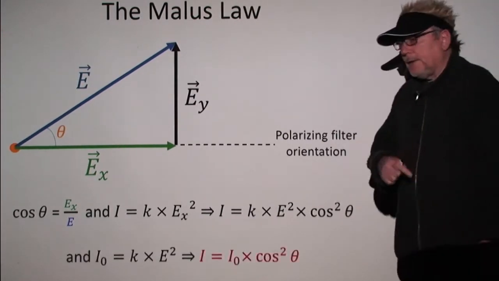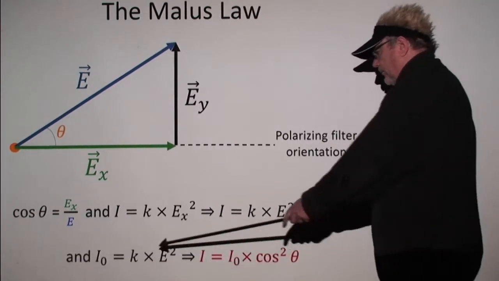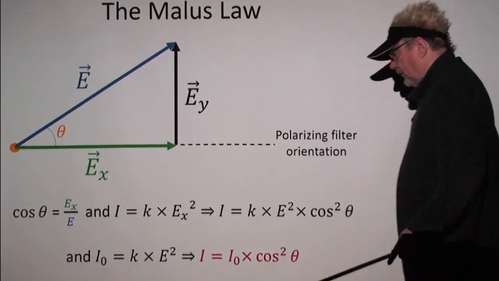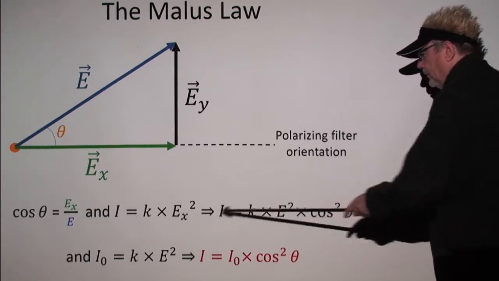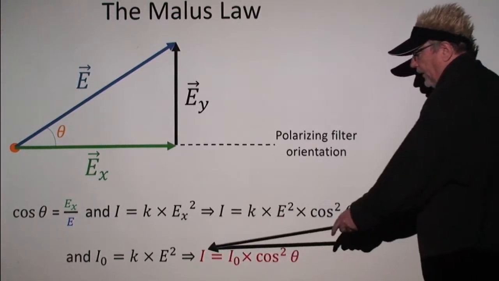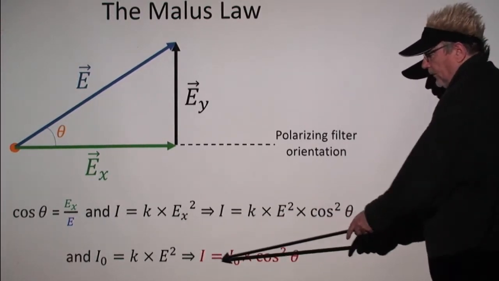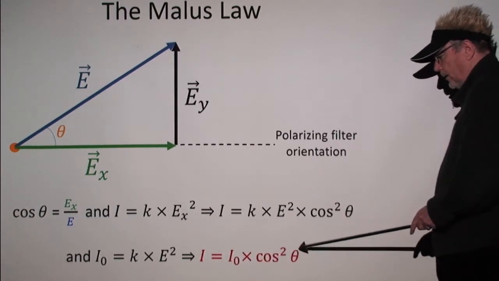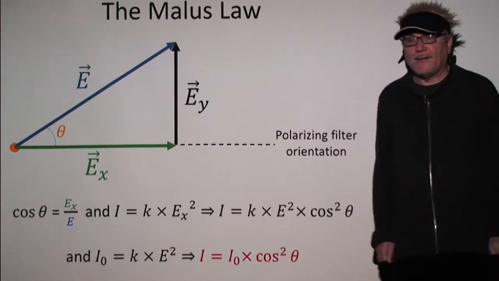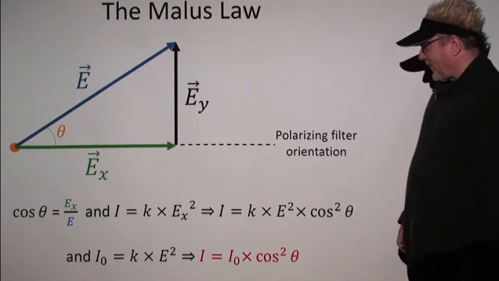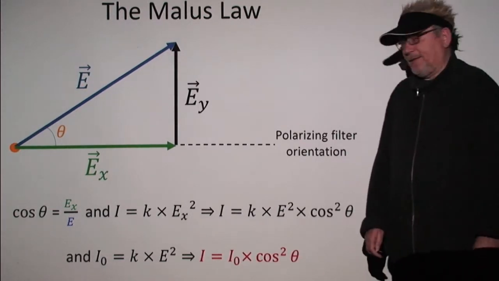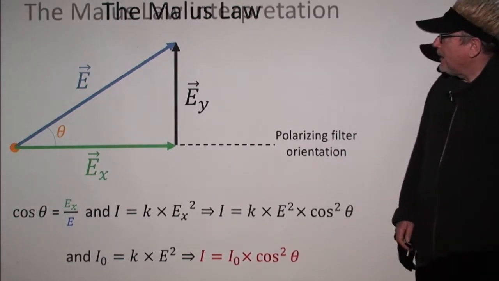But before the lens, it was proportional to E squared. Therefore, if you look at those two formulas, that means that the intensity after the filter is equal to the intensity before the filter times cosine square of the angle. Hey, that's Malus' law. Wow. Isn't that interesting? Not yet, but soon you'll see it's very interesting.